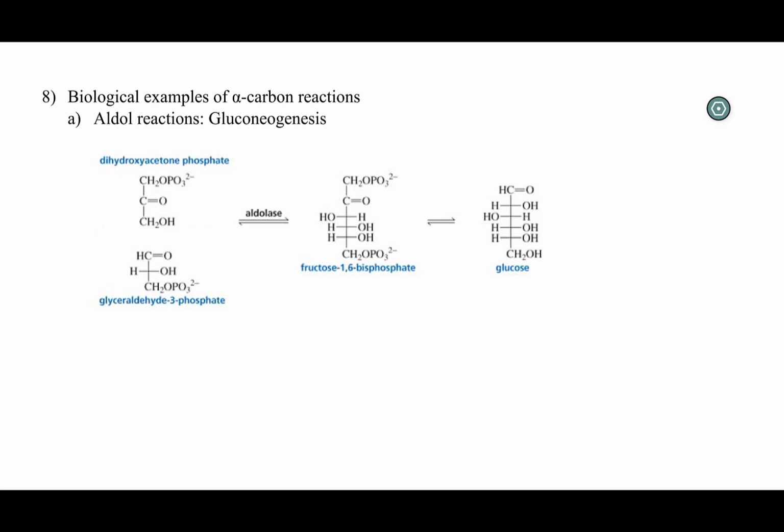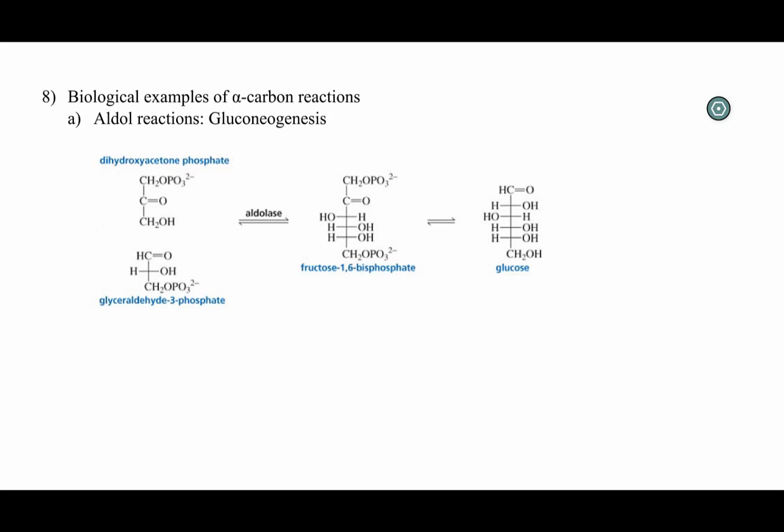So I wanted to show you a couple of places. Your book has some nice examples of where we see these kinds of reactions, these alpha carbon chemistries, in biology. I don't expect you to memorize these, but I'd expect you to remember them later when you need them, for example when you're taking your biochemistry classes. So here we have an example of an aldol reaction in gluconeogenesis.